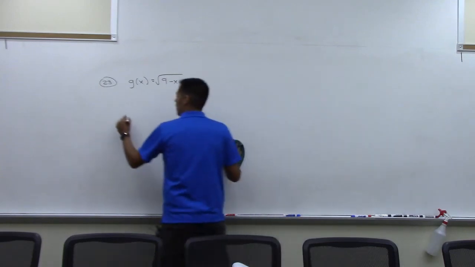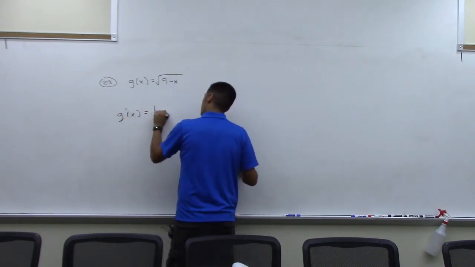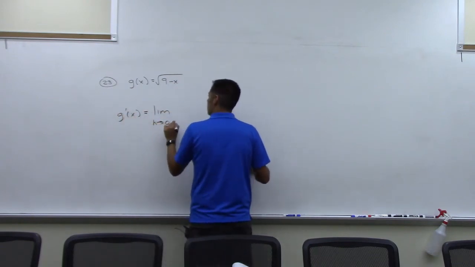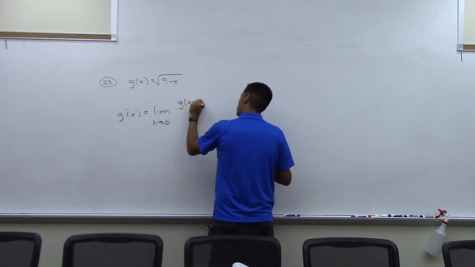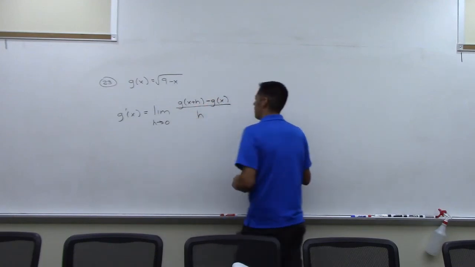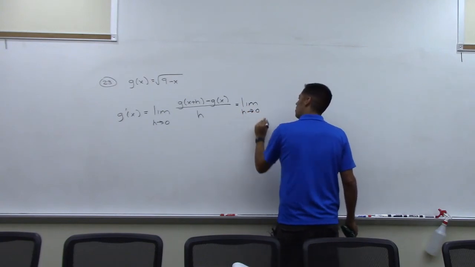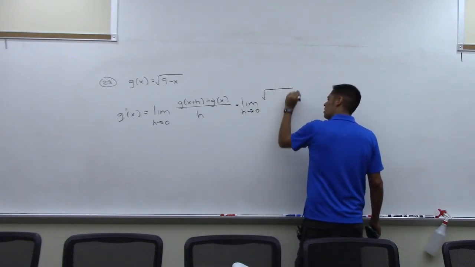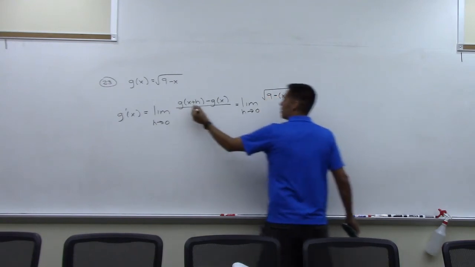All right. The derivative of g is the limit as h goes to 0 of g of x plus h minus g of x all over h, which is the limit as h goes to 0 of square root of 9 minus x plus h. Be very careful when you plug x plus h in here.